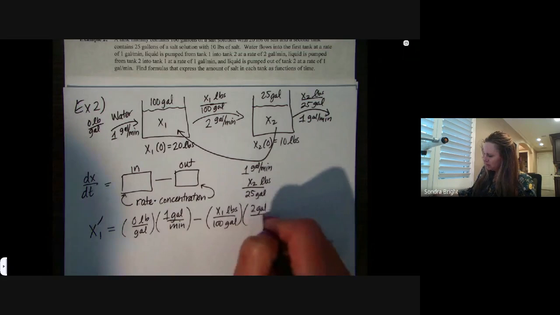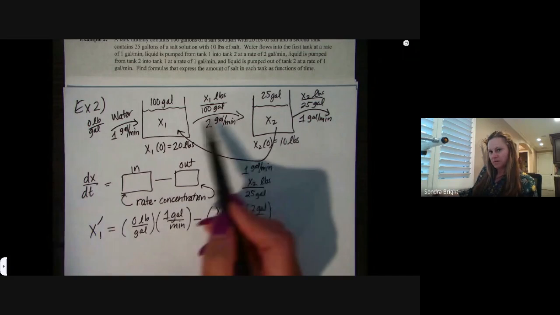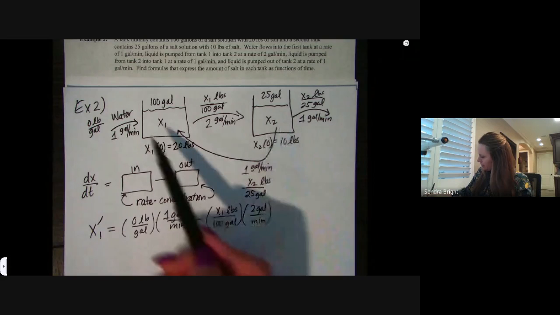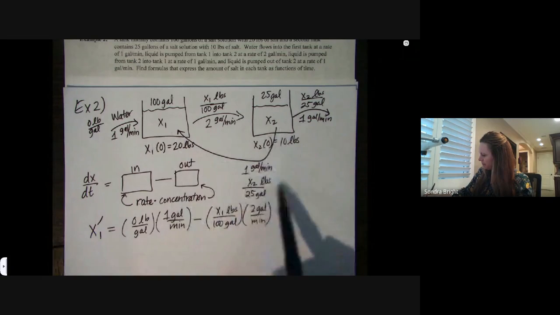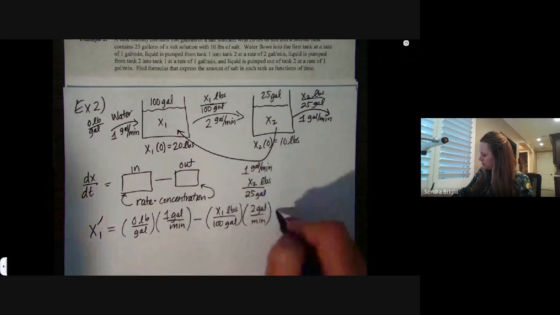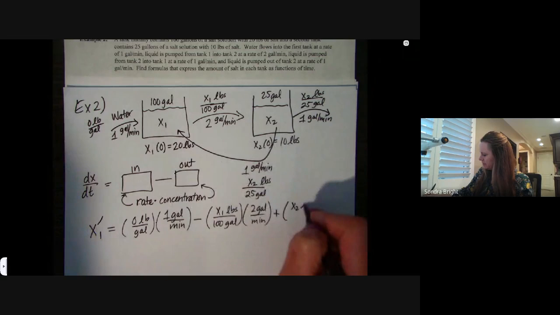And then we also have the pumping from tank 2 into tank 1, coming in, so plus x2 pounds per 25 gallons times 1 gallon per minute.